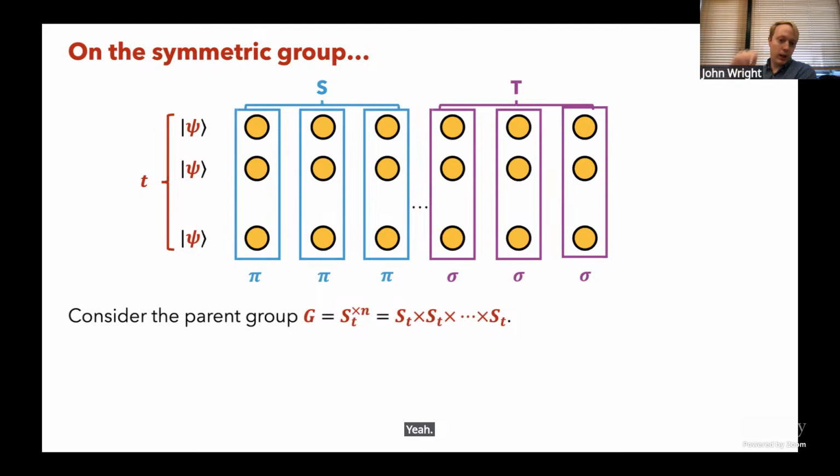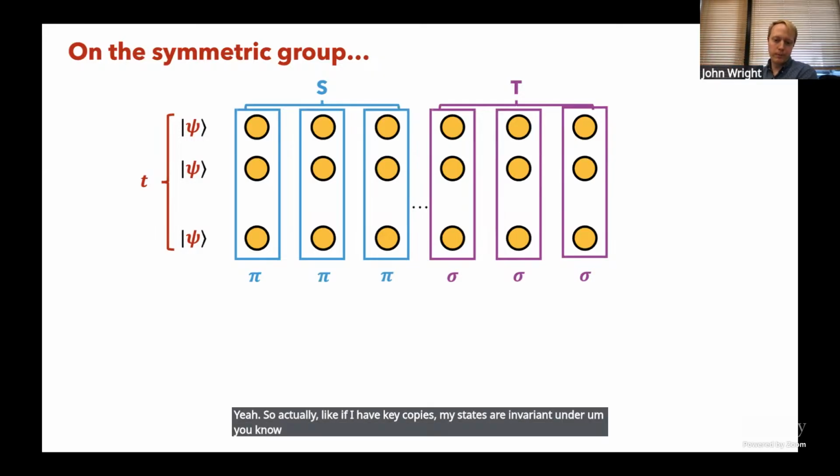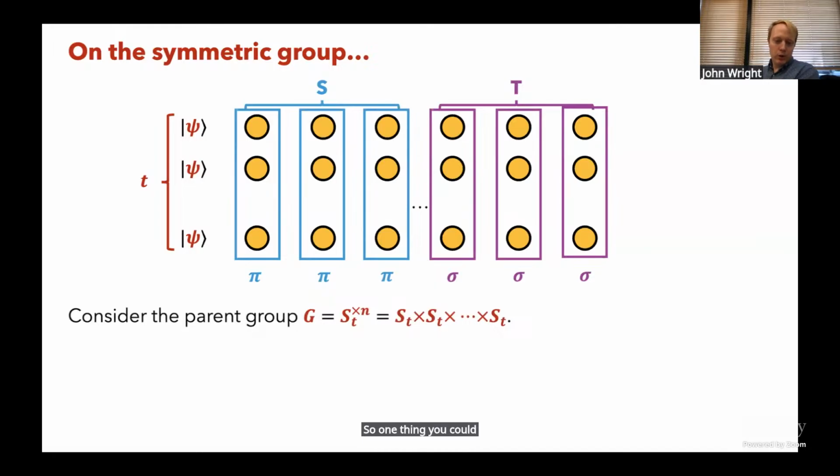So actually, if I have T copies, my states are invariant under these larger permutations. So one thing you could imagine is, let me try to do the state HSP over the group G, where you specify a permutation for every column.